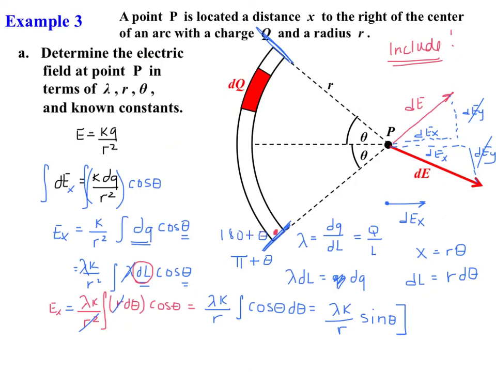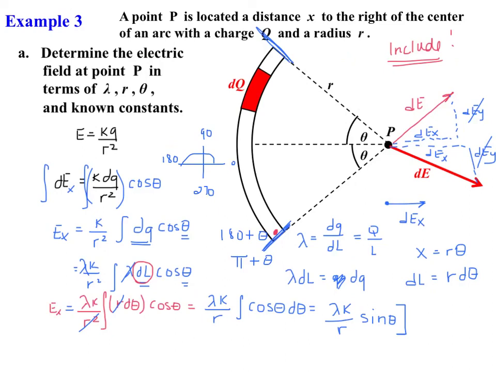Again, because our arc is shaped in this direction, and my angle's always measured from 0, from here to here is 180 degrees.